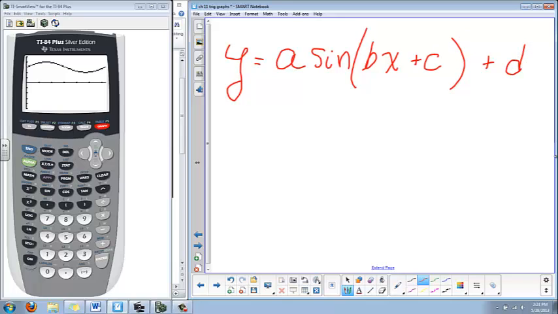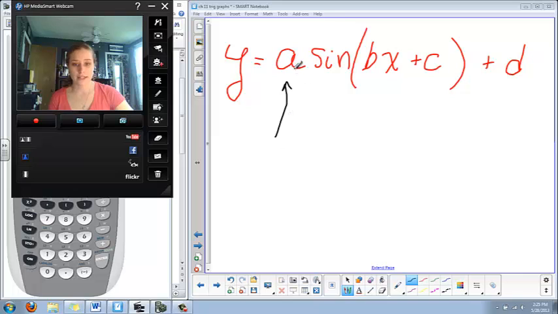Now we can do the exact same thing with cosine. I just kind of picked sine for absolutely no reason. This number right here, you need to remember this, you need to write this down, okay? This number is the amplitude. It tells us how high the function goes and how low the function goes.